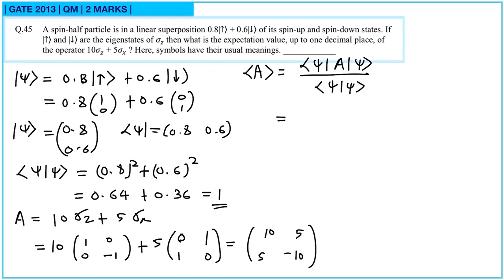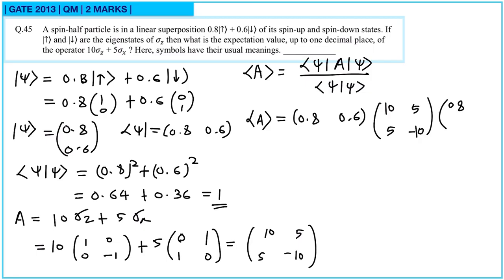So this will be equal to [0.8, 0.6] times A, which is [10, 5; 5, minus 10], times [0.8, 0.6]. We have to just multiply these matrices. Now 10 into 0.8 is 8, plus 5 into 0.6 is 3, so that will be 11.